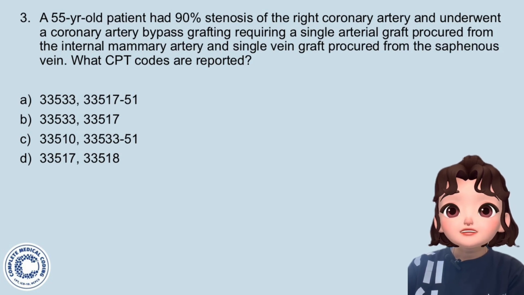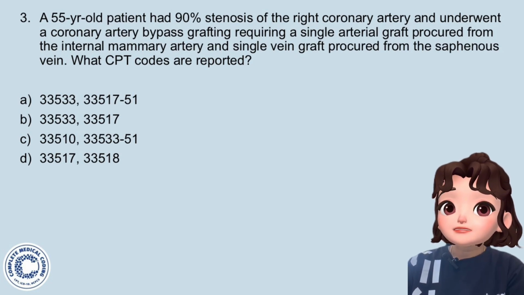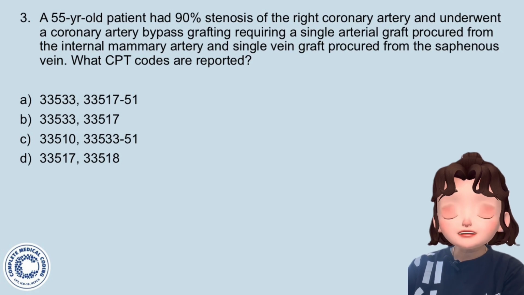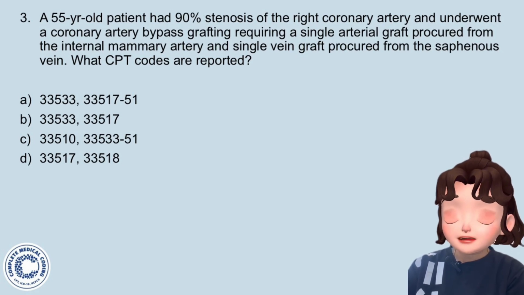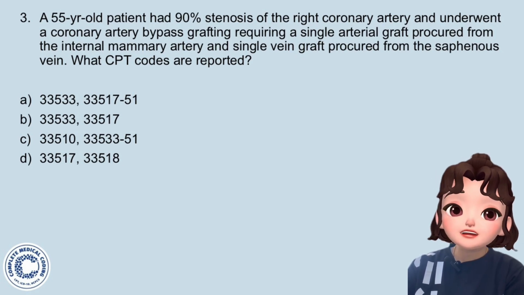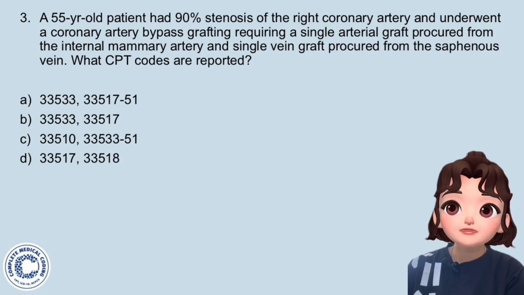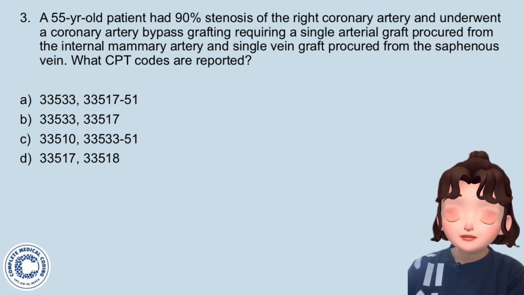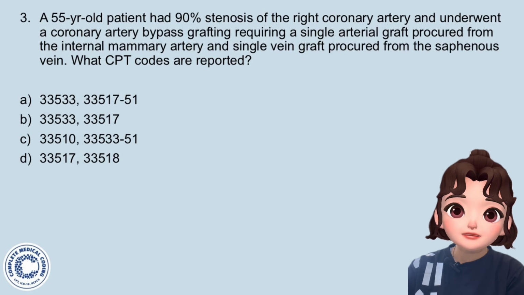Okay. So what is 33533? First option, 33533 represents coronary artery bypass using arterial graft, single arterial graft. Yes, the first one we need is a single arterial graft, which is code 33533.